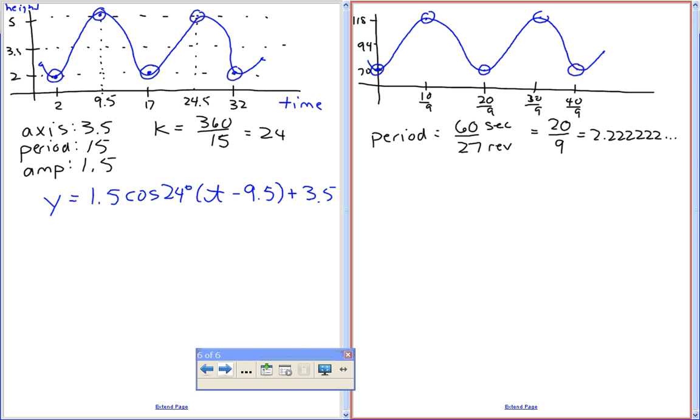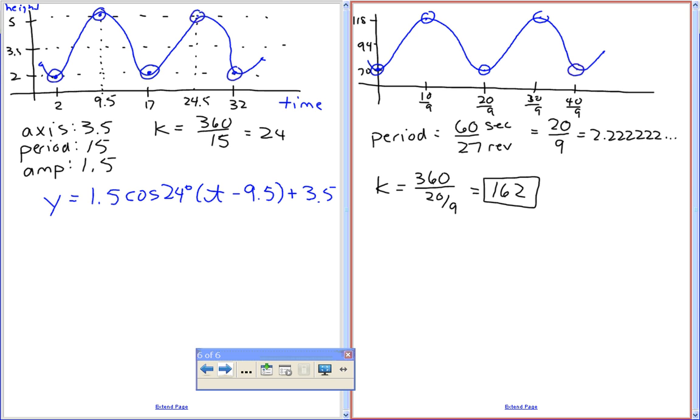Okay. From that graph, what else can we get? K equals 360 over 20 over 9, and I got that to be 162. Now again, if you use minutes, which you did, you'll get a slightly different answer. All right, 162. Good. What do we have?